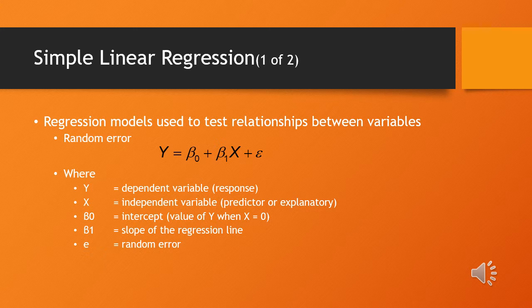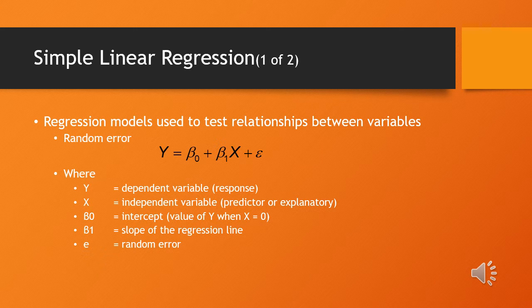Before we move on with our problem, I want to talk to you about simple linear regression and understand the equation. In any regression model, there is an implicit assumption, which can be tested, that a relationship exists between the variables.